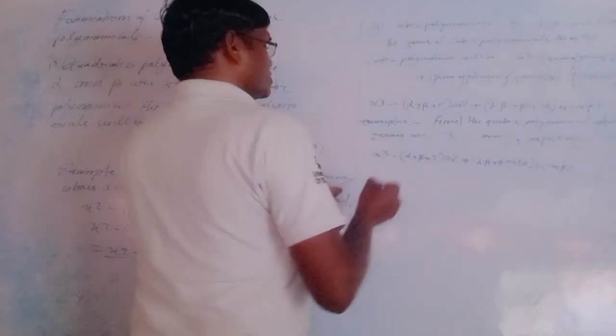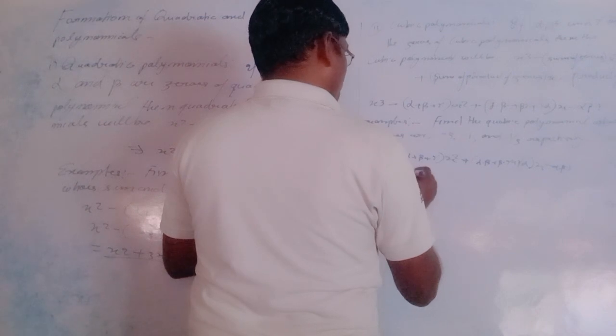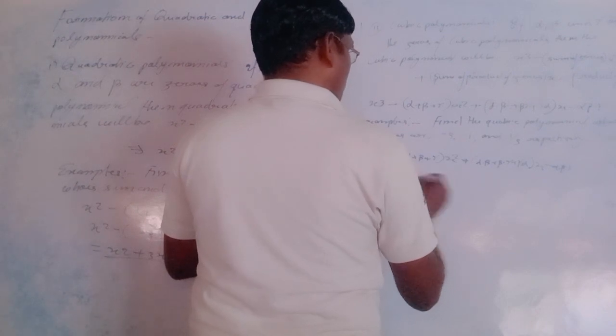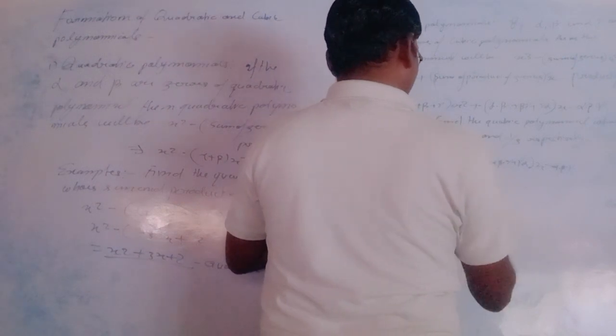Okay, so the sum of zeros is given here: alpha plus beta plus gamma is equal to 3 minus 3.